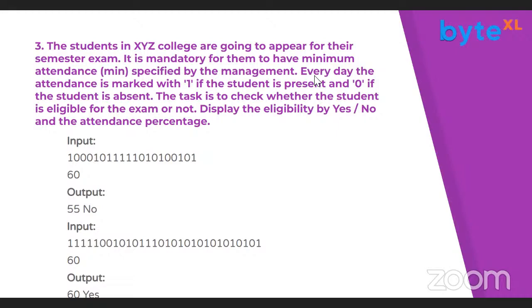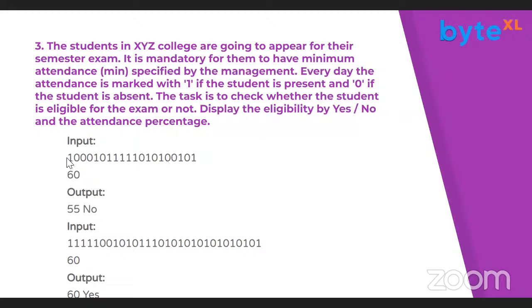The task is to check whether the student is eligible for the exam or not. Display the eligibility by yes or no, and also you have to display the attendance percentage. Okay, a very interesting one.